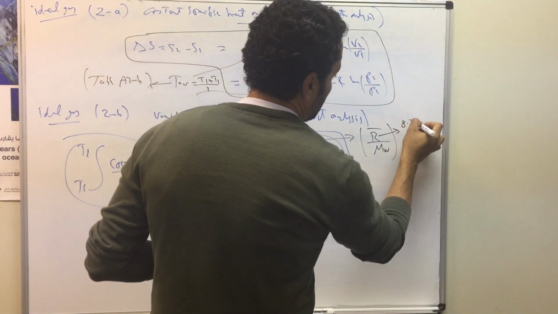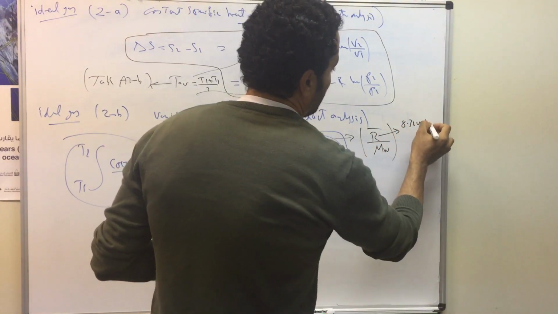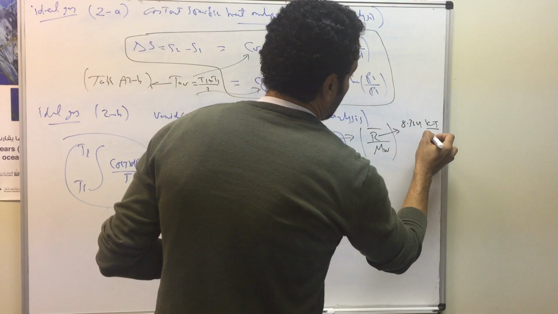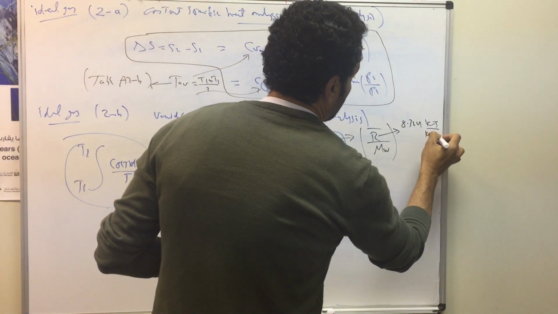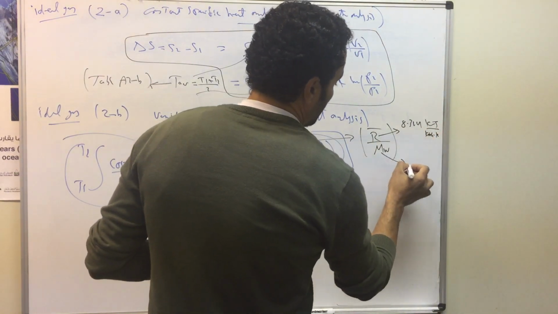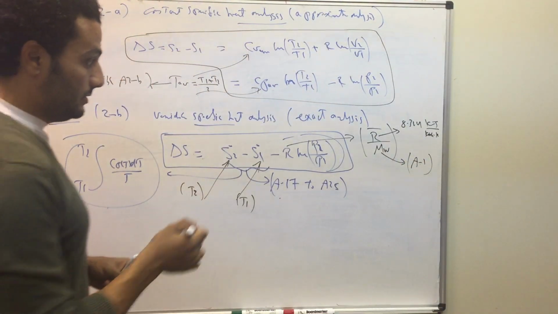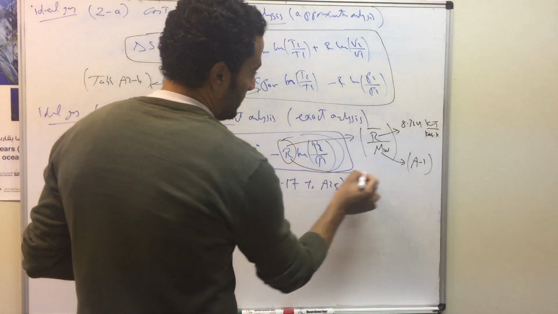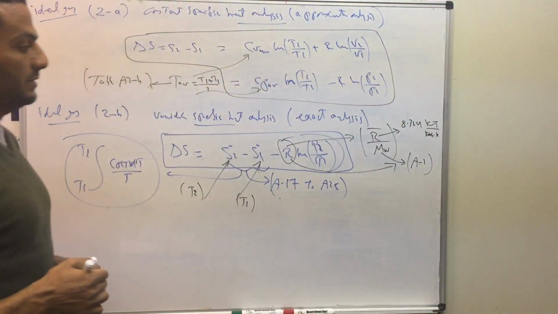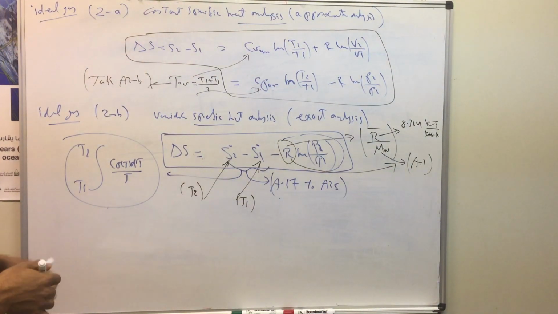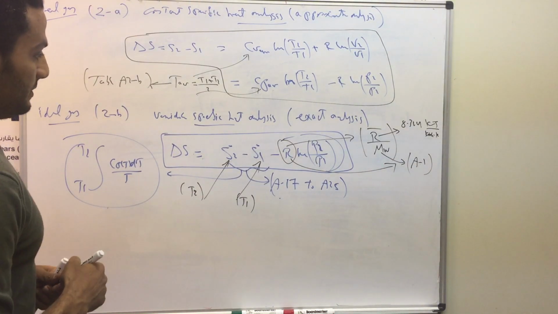The universal gas constant is 8.314 kilojoule per kilomole Kelvin, and the molecular weight can be obtained from table A1 depending on the substance. Also the value of R itself can be obtained directly from table A1. Then we can calculate the value of this delta S.